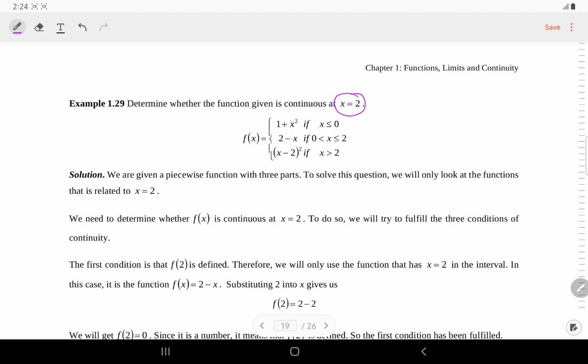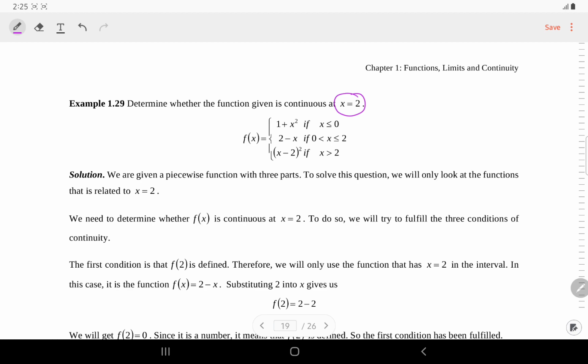Okay, to solve this question, we will only look at the functions that are related to 2, because we want to test the continuity at the point x equal to 2. So we need to determine whether these functions satisfy all three conditions of continuity.